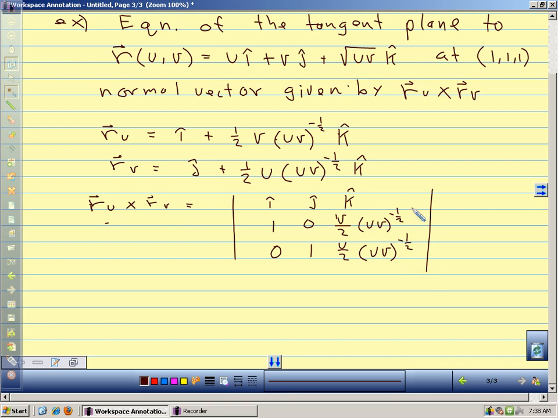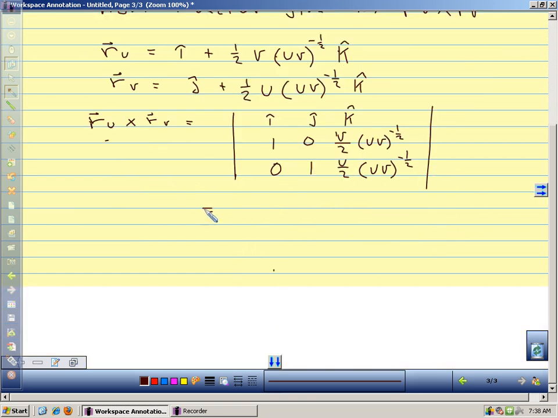And when we do this cross product out, I'm not going to go through the procedure, but we end up with minus v over 2 square root uv i minus u over 2 square root uv j hat plus k.